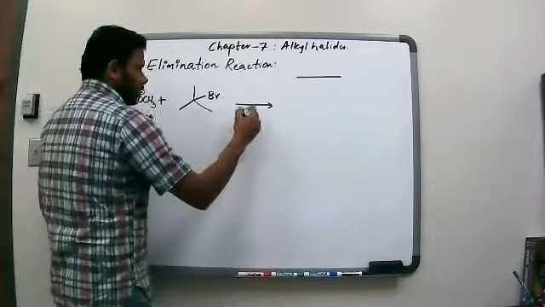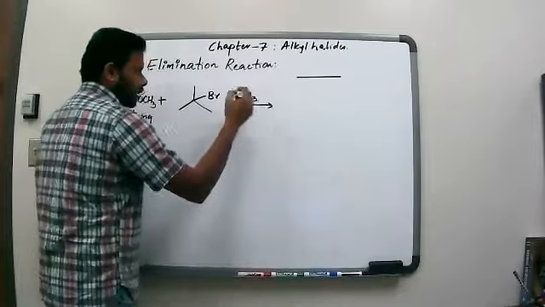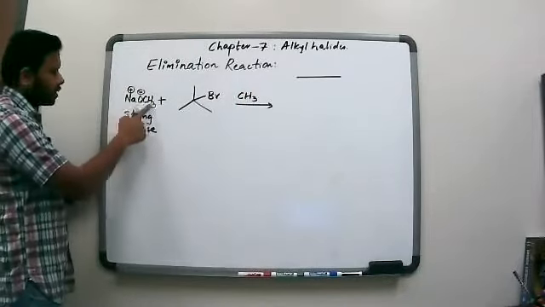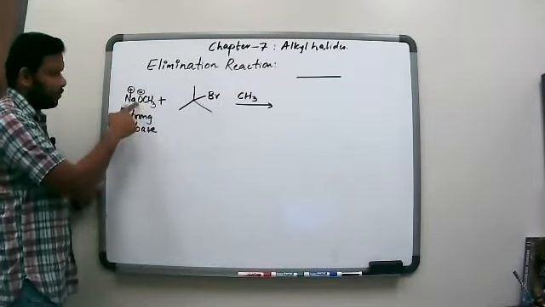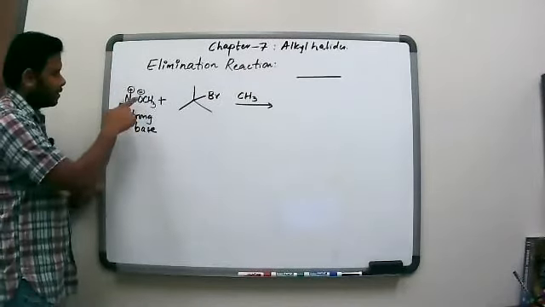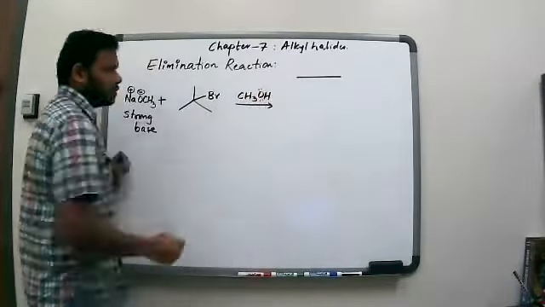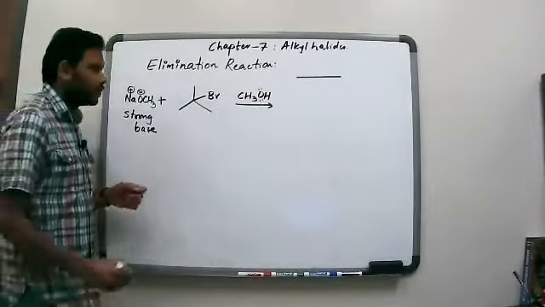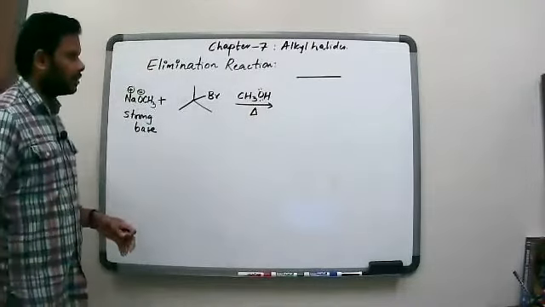The solvent is usually the conjugate acid of the base, so for methoxide, the conjugate acid is formed when you add a proton to it. The proton would go to that oxygen, so basically methanol would be a good solvent for this. For E2 reactions, you usually heat these reactions.